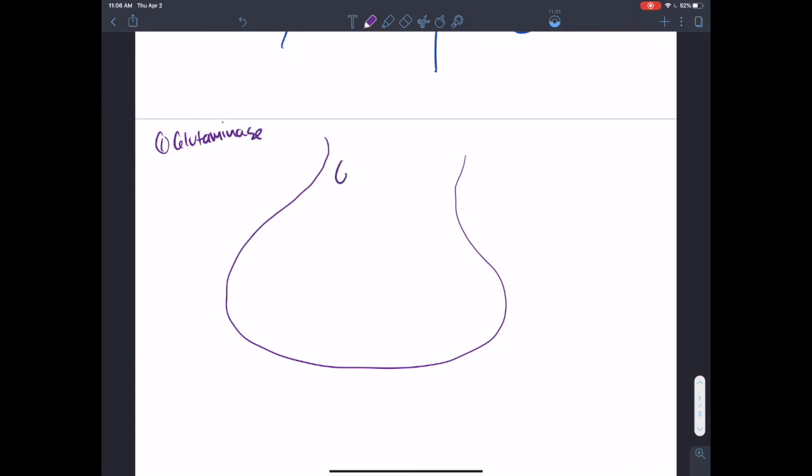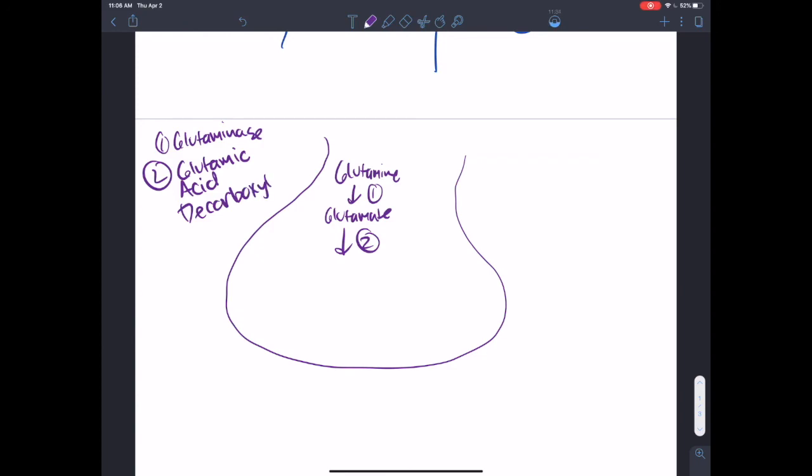Because it takes glutamine and turns it into glutamate. But then it takes this glutamate and turns it into GABA via something called glutamic acid decarboxylase. Oftentimes you'll see this written as GAD. So that turns glutamate into GABA.